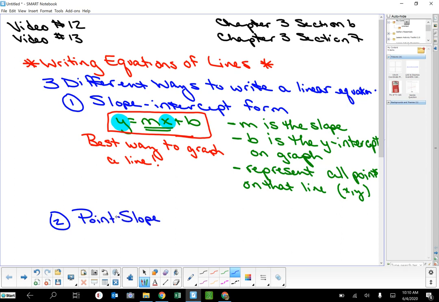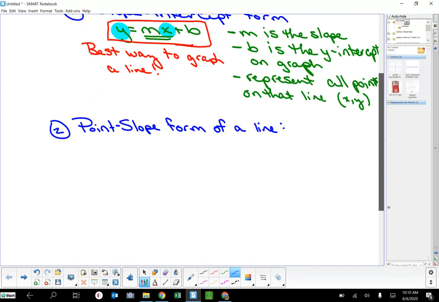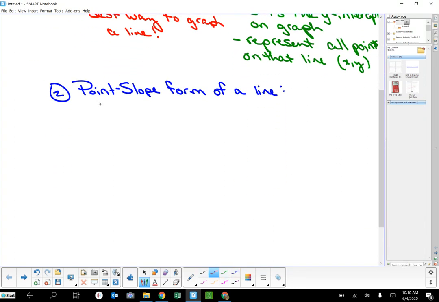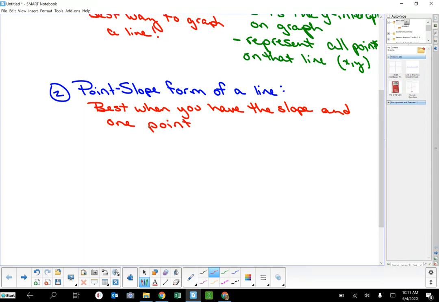All right, the next one, number 2, is called point-slope form of a line. And it's exactly what it sounds like. This is best used when you have the slope and one point, or a point on the line.